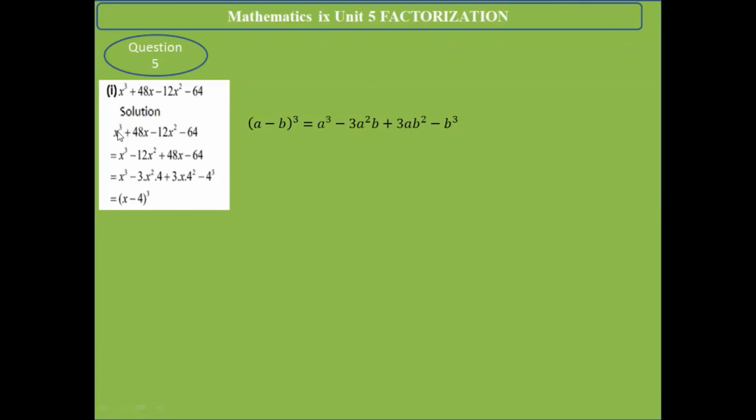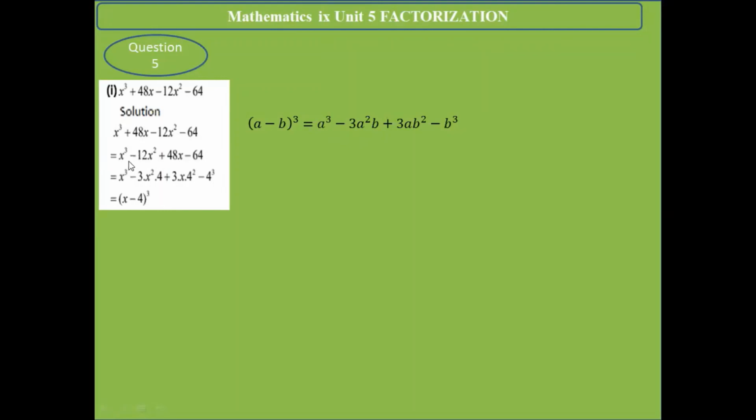And here is minus 3a square b. So, a is x, so the first value must be x square, or you can say that yes, you have to write this in descending order. So first I write this in descending order: x cube minus 12x square plus 48x minus 64.